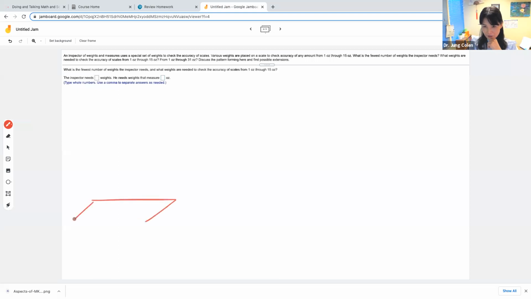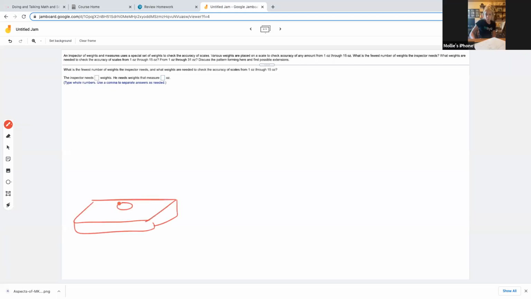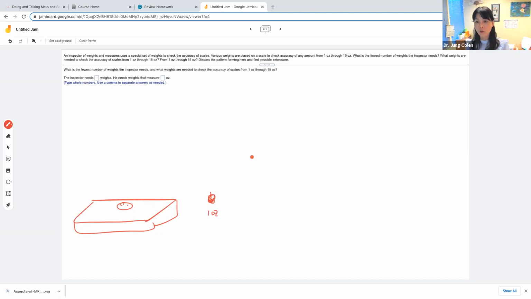Here is a scale. So there are numbers. We need to check whether it's accurate for 1 ounce. So maybe you can use the weight. This is a weight. It tells you 1 ounce, it's the exact weight. So you can put that there and check 1 ounce.